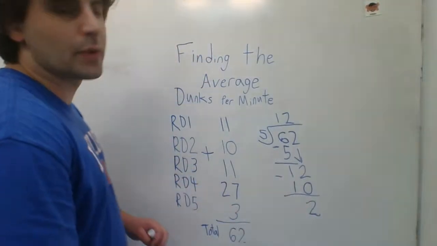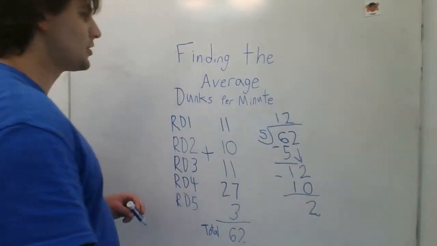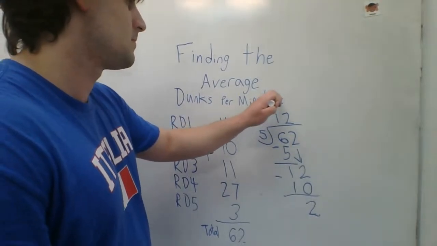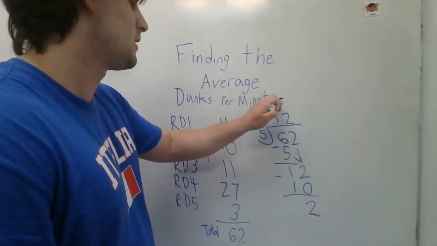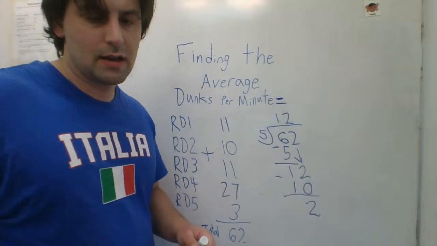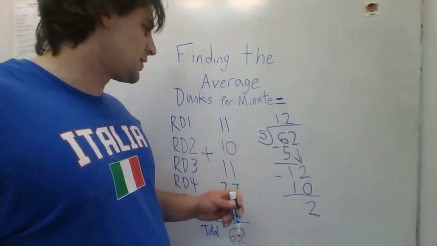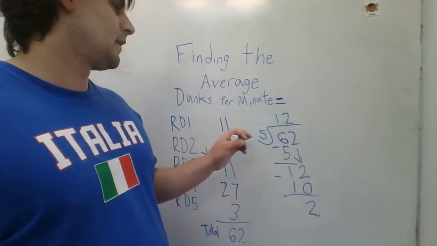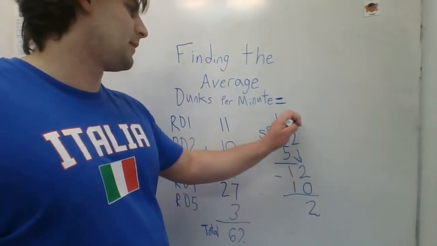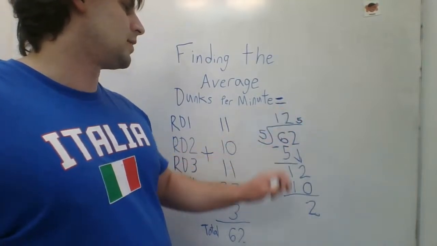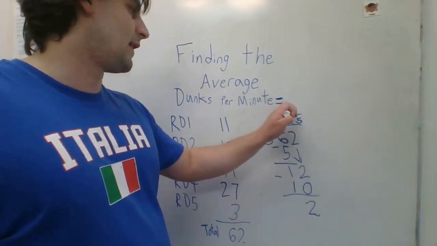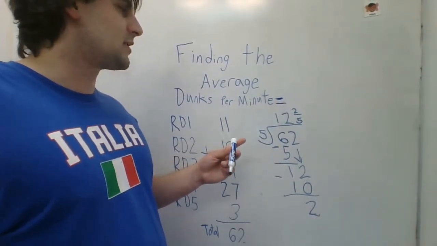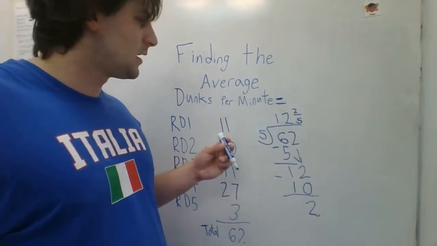If we want to write my average dunks per minute as a fraction, the number we're dividing by is our denominator, and our remainder is our numerator: 12 2/5 dunks per minute. If you want to convert 2/5 to a decimal, 2/5 is equal to 4/10.